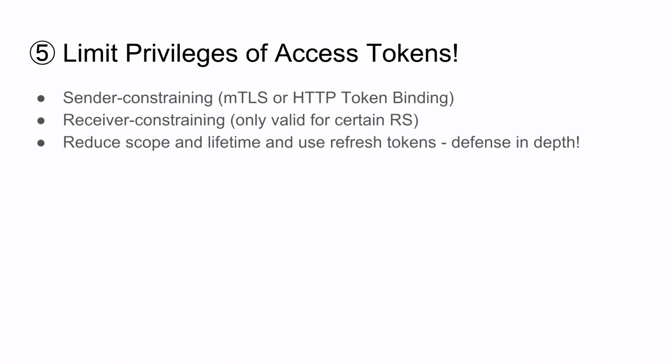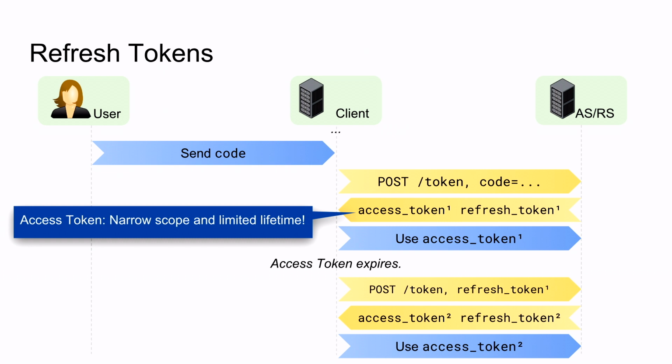To do that, you might want to use refresh tokens, which you can use in the Authorization Code Grant. Refresh tokens are not a new concept, but they are a great concept. They are very simple: each time you get an access token, you also get a long-lived refresh token. And if your access token expires, you can use the refresh token to get a new pair of access token and refresh token.